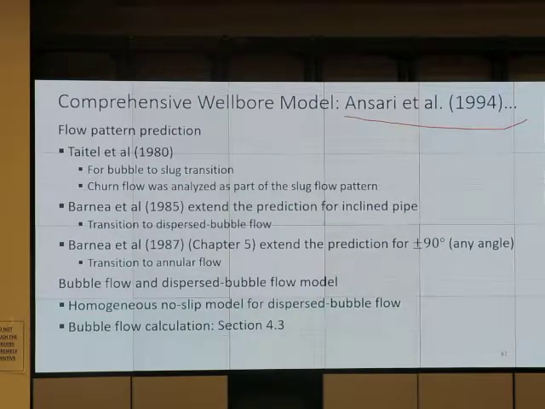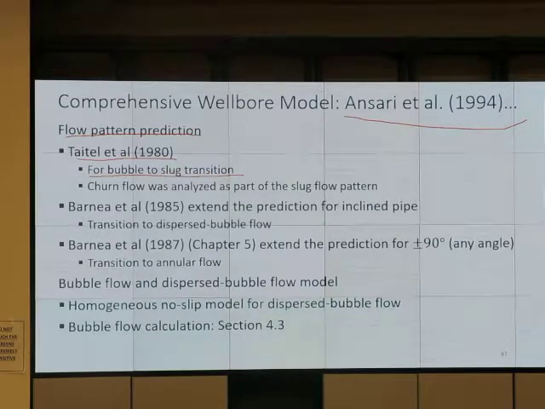The Ansari model combines several models in itself that make it comprehensive and valid for any angle for the wellbore. Okay? So we have bubble-to-slug prediction based on Taitel et al. 1980. This chapter 4 that we are studying is Taitel et al. Okay?